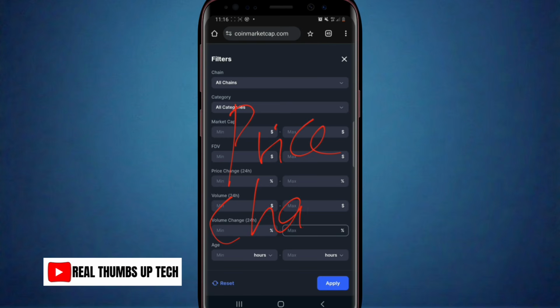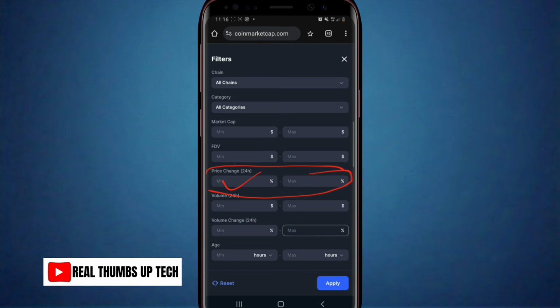So for example, if yesterday MRG coin was around $1.5, and today the MRG coin is around $2, the price change will now be around plus 33.3%.